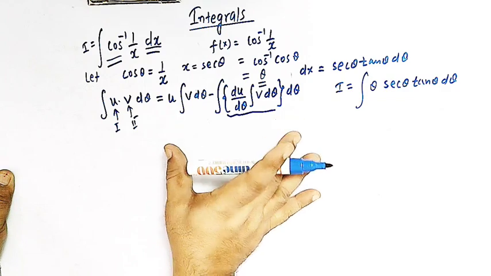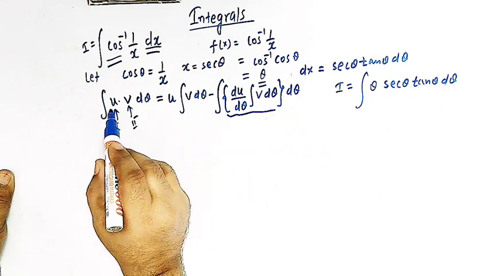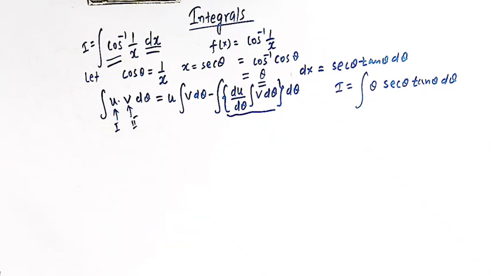So this is the formula for integration by parts when we have the product of two functions.